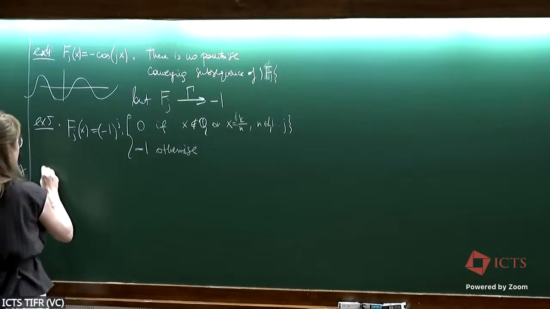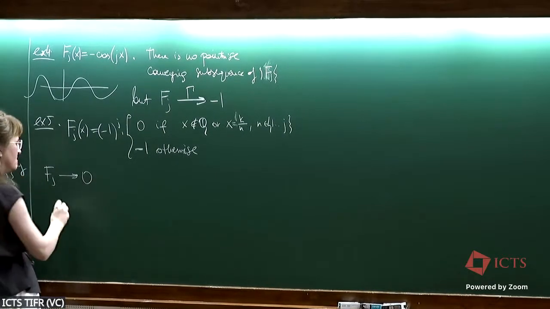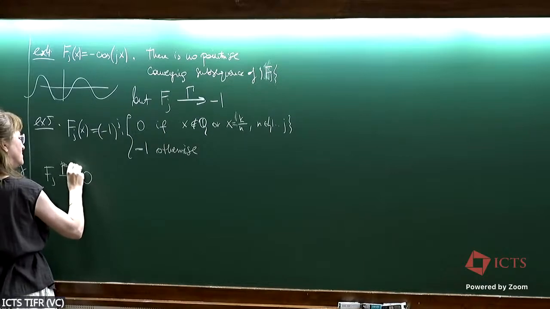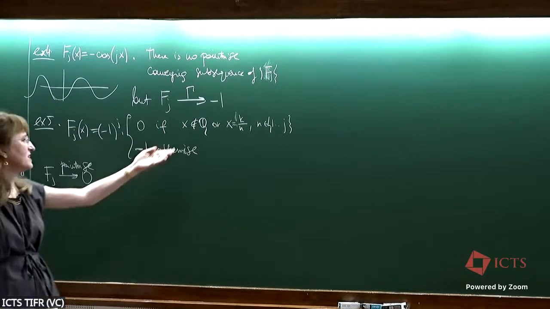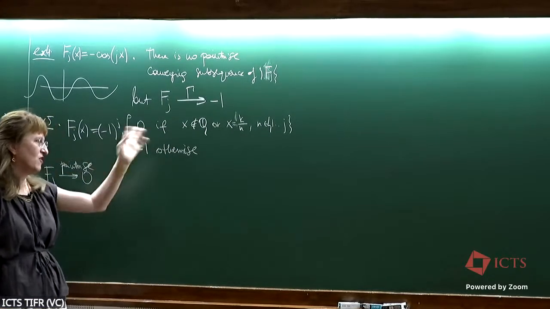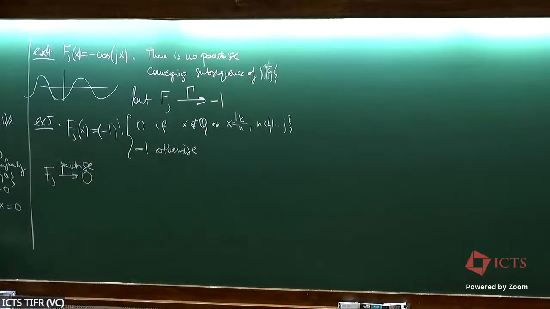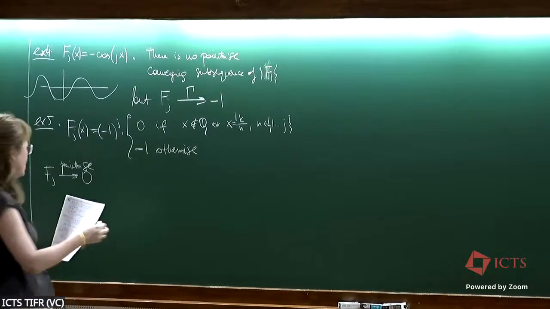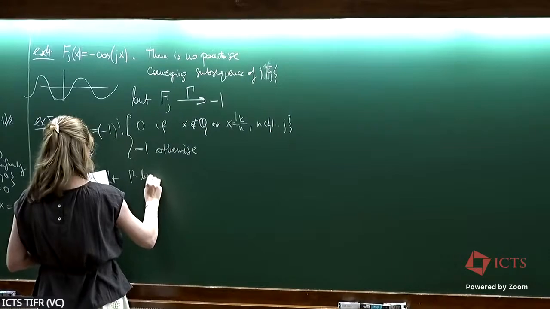Of course, fj converges to 0 pointwise. On irrationals, it's 0 all the time. If you take a rational number, eventually it's going to be of this form. So of course, then I get 0. But the gamma limit does not exist.